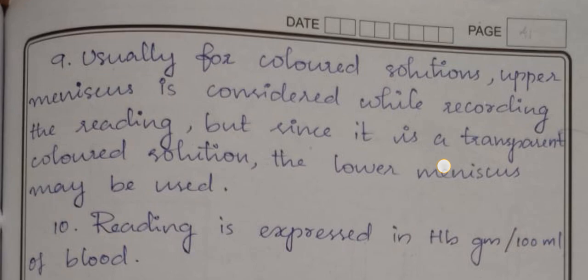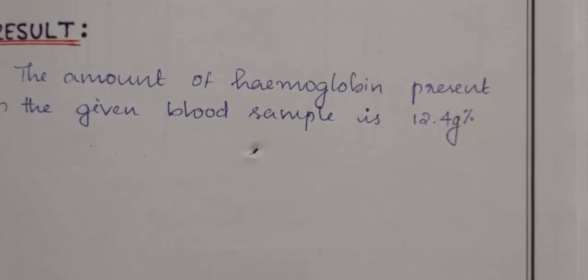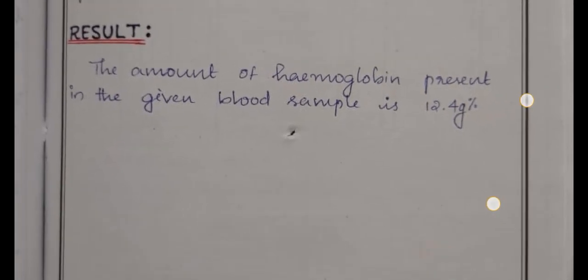Usually for colored solutions, the upper meniscus is considered while recording the reading, but since it is a transparent colored solution, the lower meniscus may be used. The reading is expressed in Hb gram per 100 ml of blood. The amount of hemoglobin present in the given sample of blood is 12.4 gram percent.